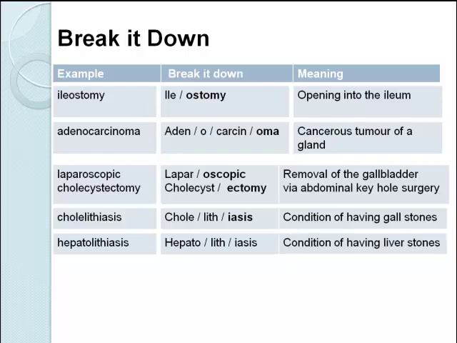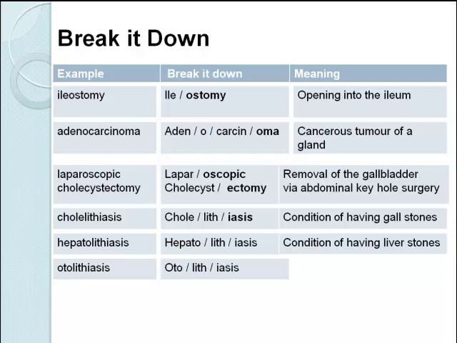So therefore, it's a condition of having liver stones. So stones can actually occur in many places in the body. Our next term, otolithiasis. Oto, break, lith, break, iasis. You may remember that my ears are ot. So ot is ear. So therefore, we have a condition of having ear stones.